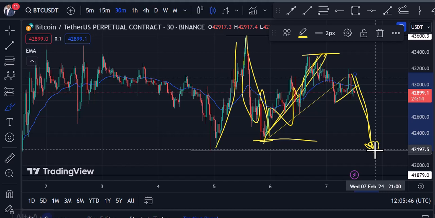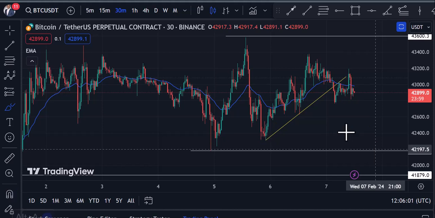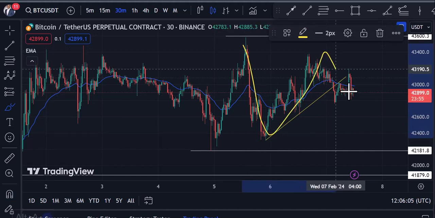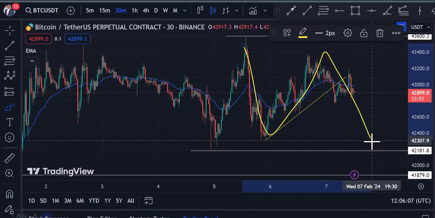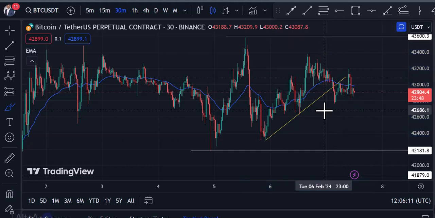Because of that, we take calculated risk. So this is a potential regular flat formation, because we're expecting this to be A, B, C. So we'll be trading C as a formation. Now you can see clearly how it's been identified.